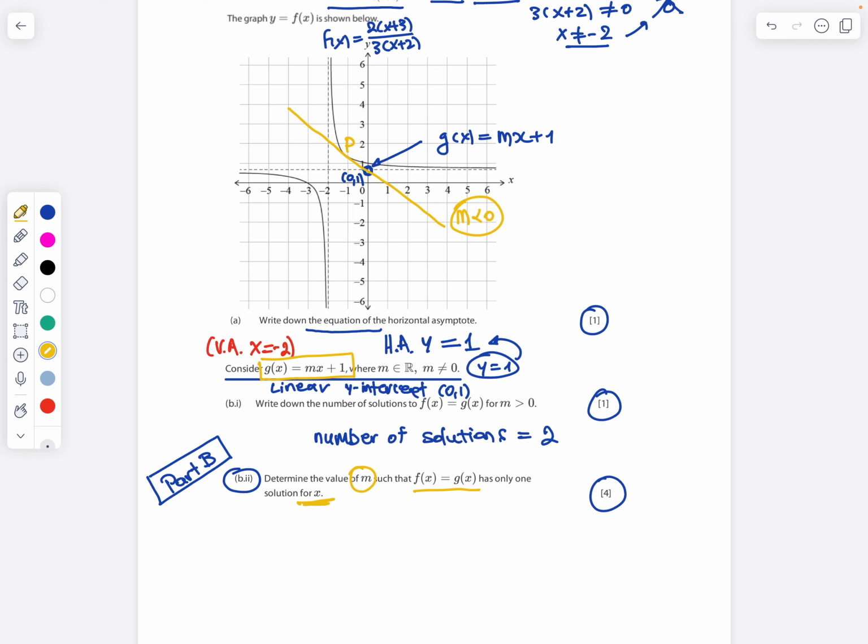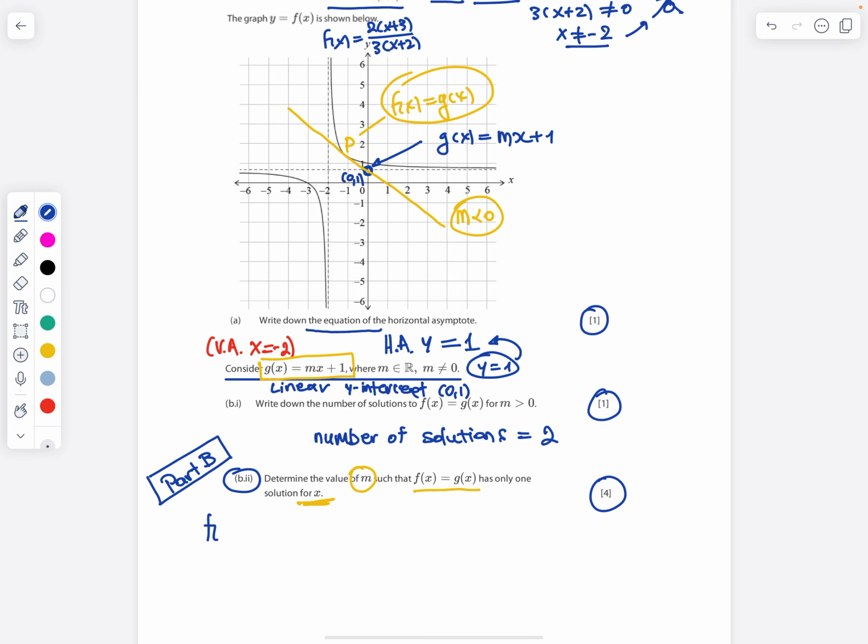Otherwise, there wouldn't be any other option of getting 1 point of intersection between those two functions. Regardless, what is actually happening at point P is that f of x is equal to g of x. So we're going to start with that principle, work with it and see what we can get from that.